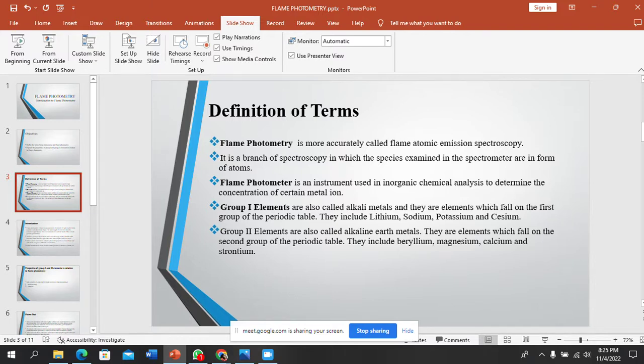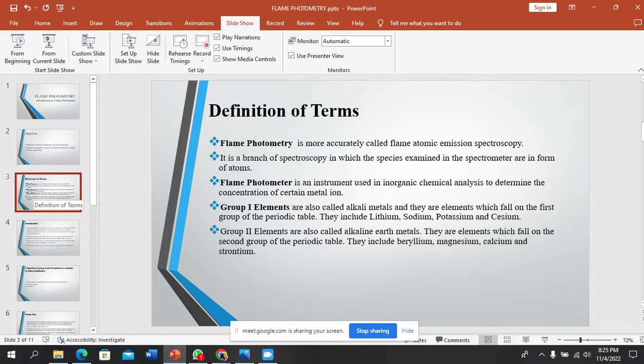Who can define to us what is flame photometry? Josephat? Okay, flame photometry is more accurately called flame atomic emission spectroscopy.